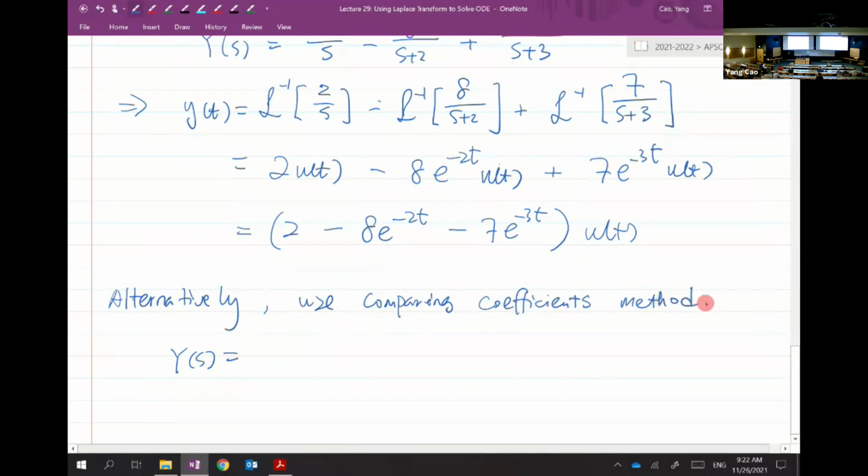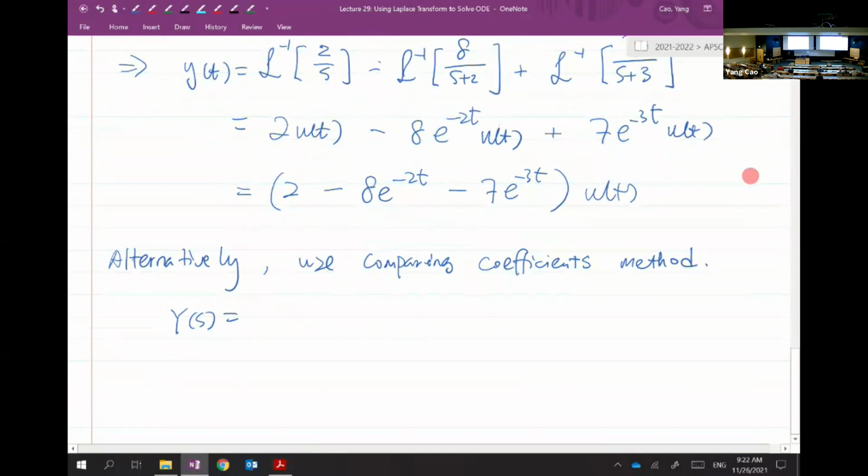And this approach is actually more generic, as you can see, if we cover another case, it also applies to the other case. So here is the decomposed Y of s. We're looking for k1, k2, k3.